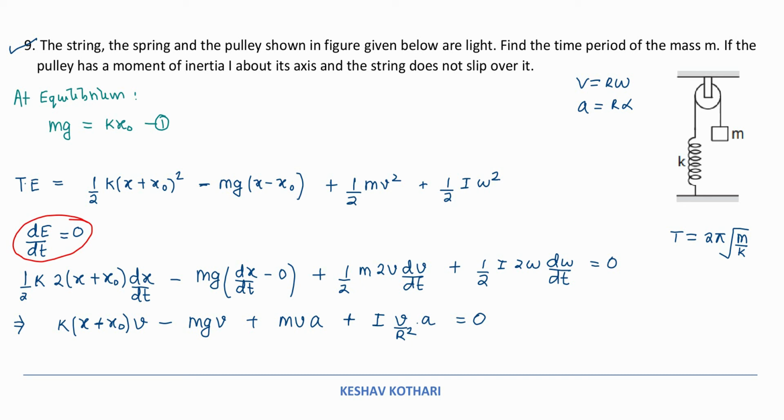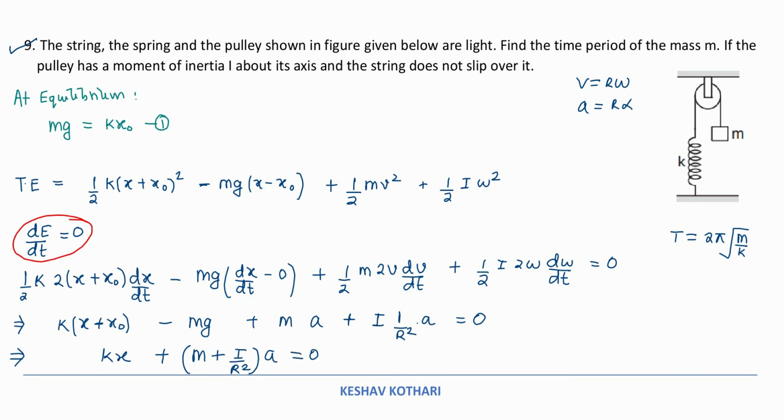From this particular expression I can chop out all the v's. v is common to all the terms, so we can remove all the v from here, and we are left with an expression like this. Now if mg equals kx naught, then kx naught and minus mg will cancel out, and we are left with kx plus m plus I by r square into a is equal to 0.